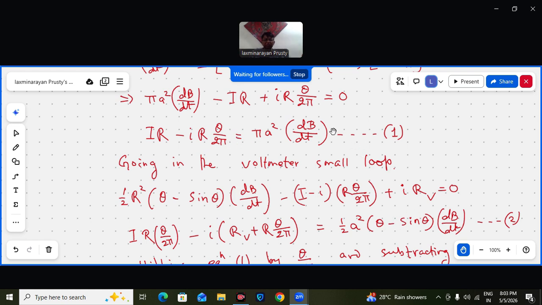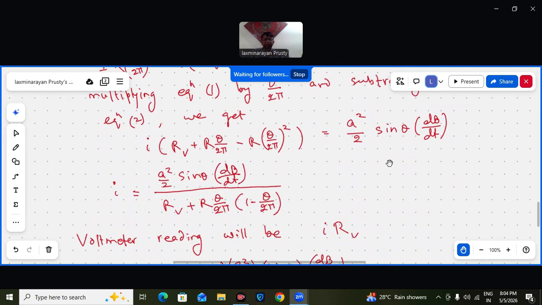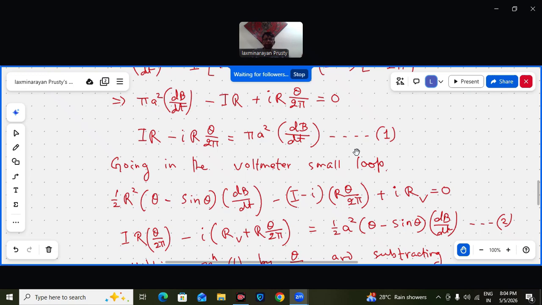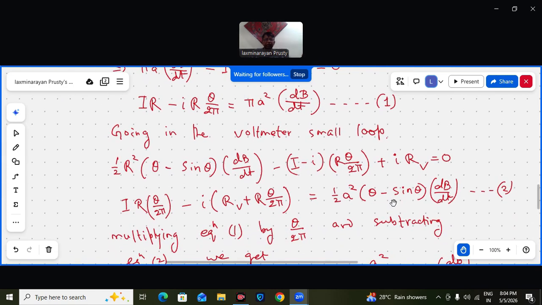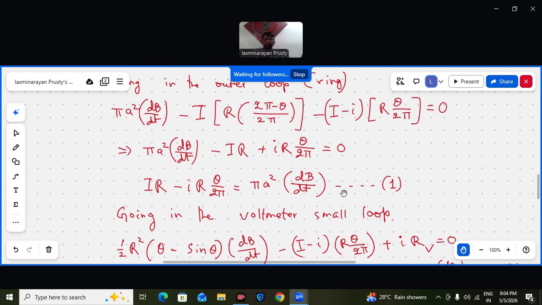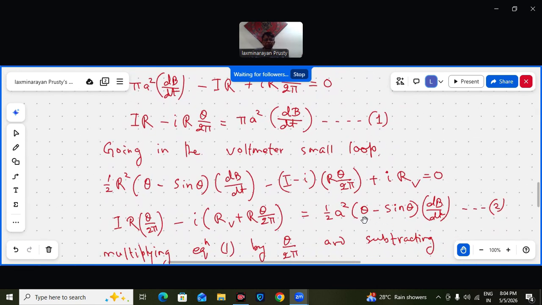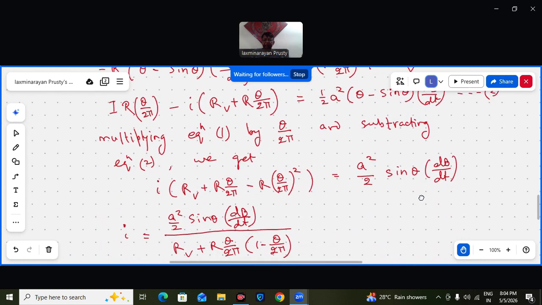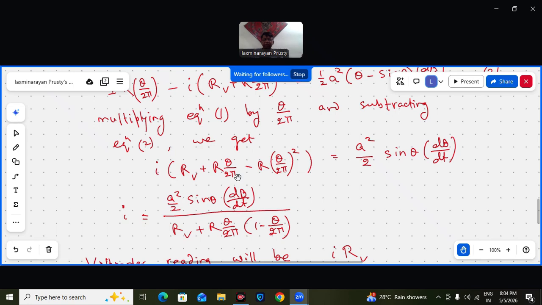Then whatever I get on the right-hand side after multiplying by theta by 2 pi, pi cancels, so it is half a square theta into dB by dt minus half a square (theta minus sin theta) dB by dt. So what remains is half a square sin theta dB by dt. So what is small i? This.